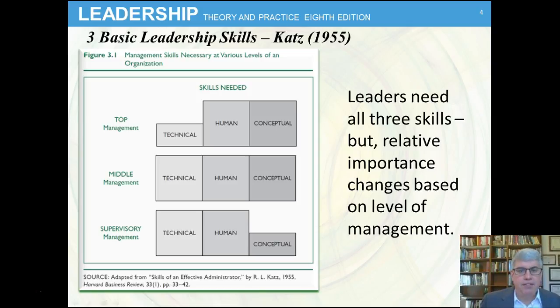Now, what Katz says is that skills are needed, but that different levels of skills are needed depending on where you are in what type of management you're doing. So down at the supervisory management, where you've got the guy who's supervising 4 guys working at the restaurant, the categories are the skills are technical skills.